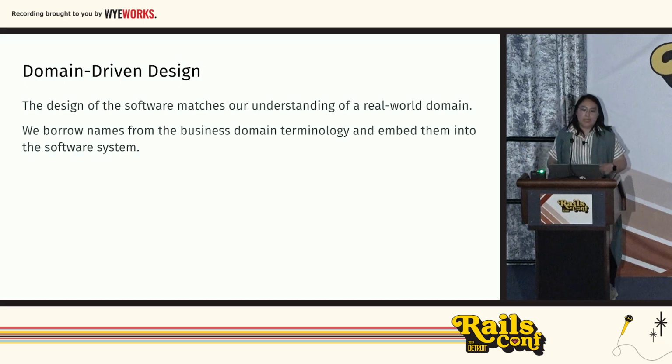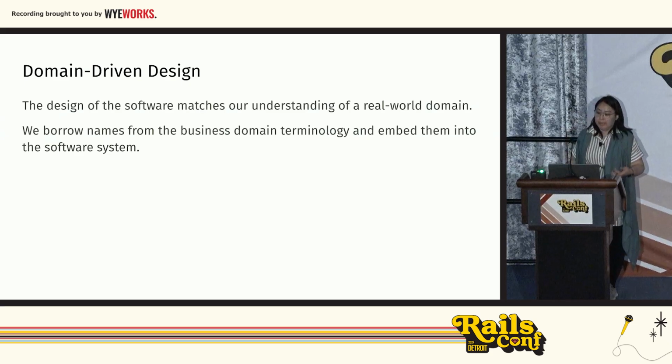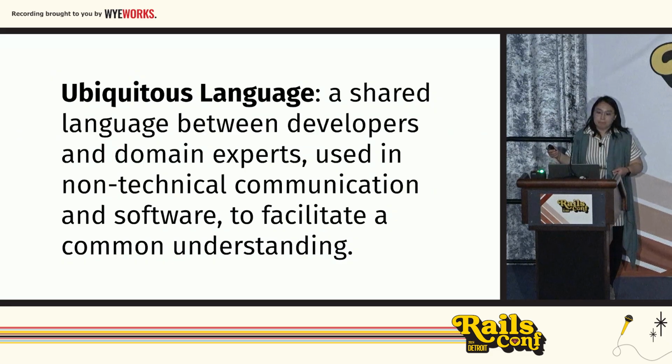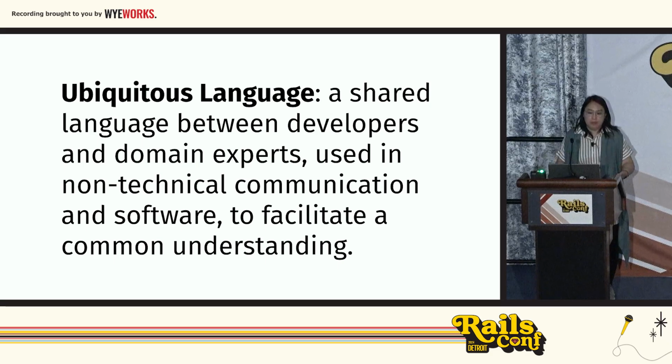And domain-driven design starts first with language, anchored in semantics, and observes how the language is used outside of the code, and then embeds these names into the software system. And domain-driven design refers to this as the ubiquitous language.